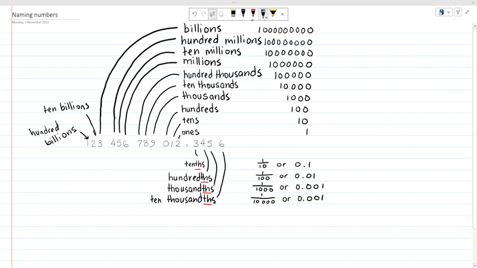So let's actually write that down so you can see it. Let's try using a different color. So this would be one lot of 100 billion. Plus 2 lots of 10 billion. Plus 3 lots of 1 billion.